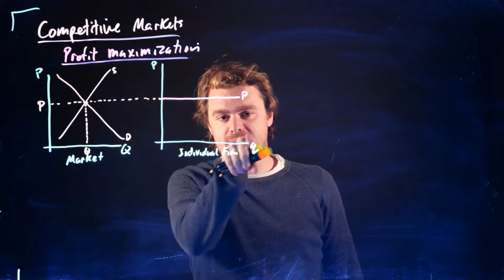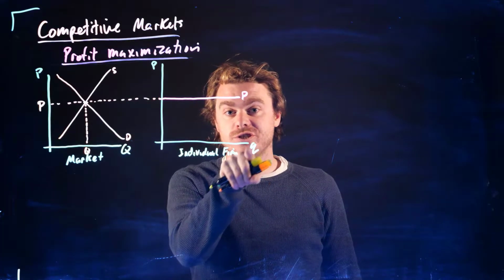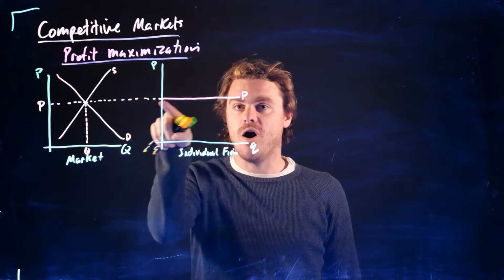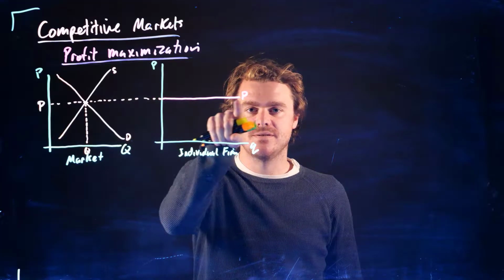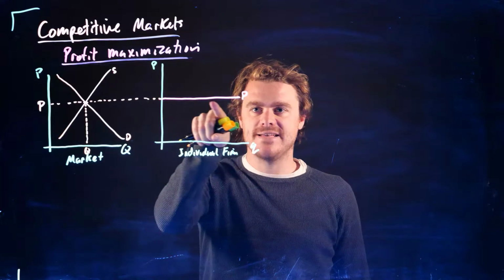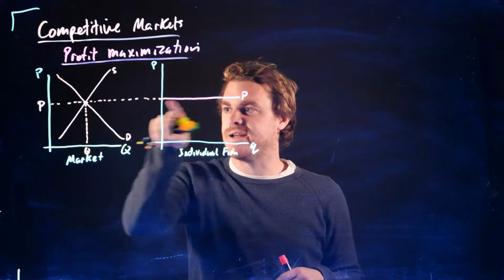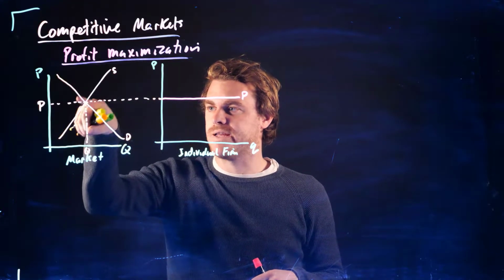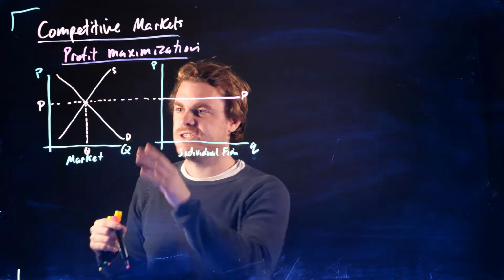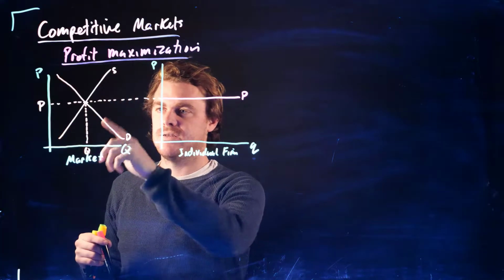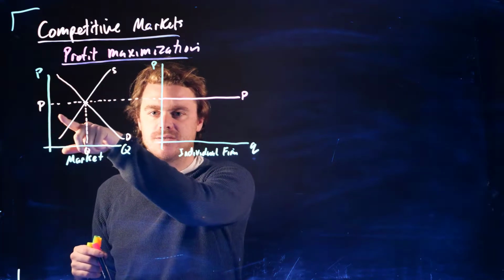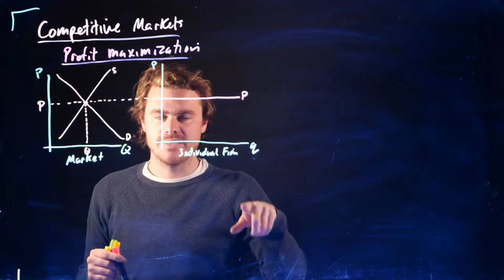It doesn't matter how much they individually choose to produce, they always get the same price. Each time they sell another good, they get this price that's determined by the market as a whole. Only changes in this whole market are going to change the price that each individual firm faces.